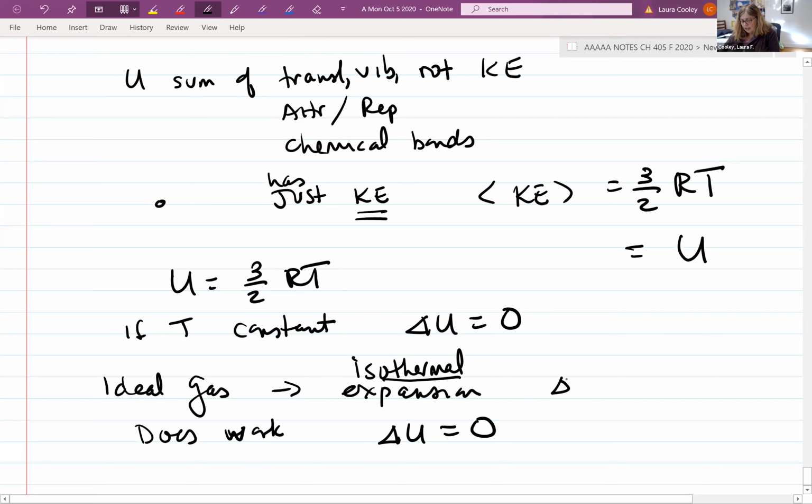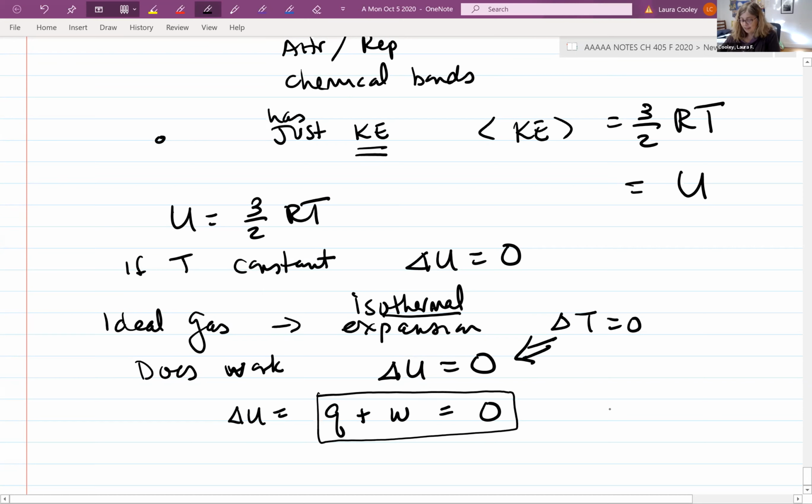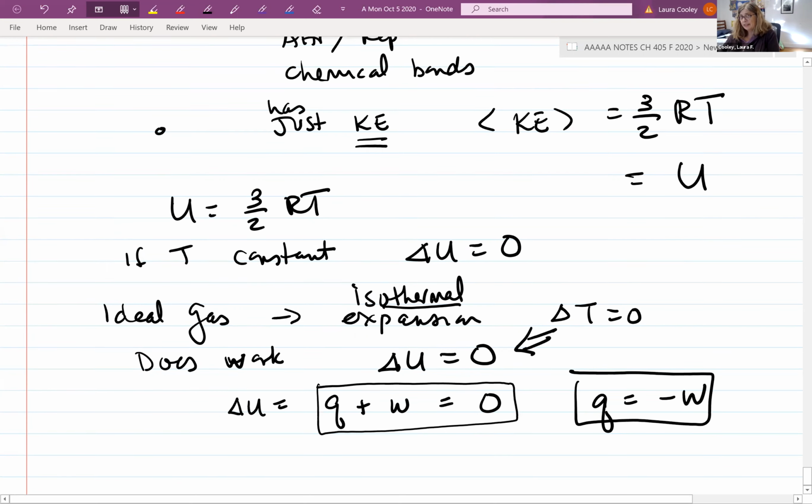Since delta T is equal to 0, it means that delta U is equal to 0. But if delta U is Q plus W and it is equal to 0, then how are these related? Q is equal and opposite to W.